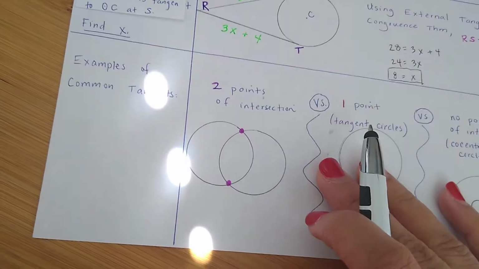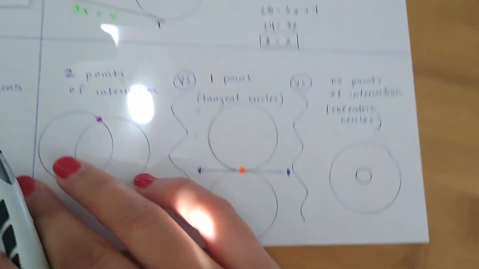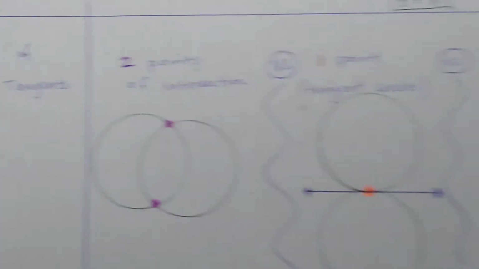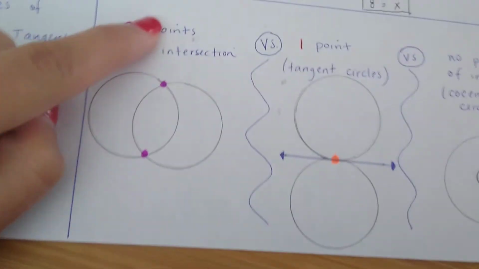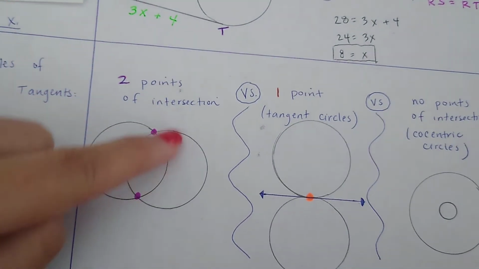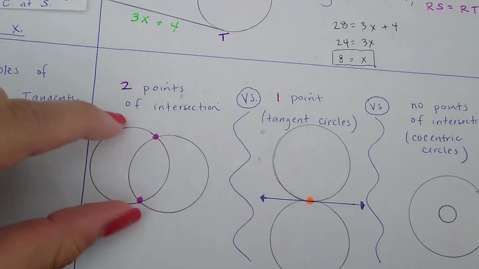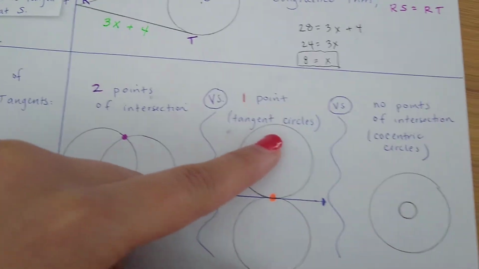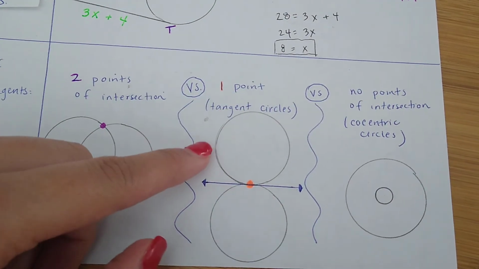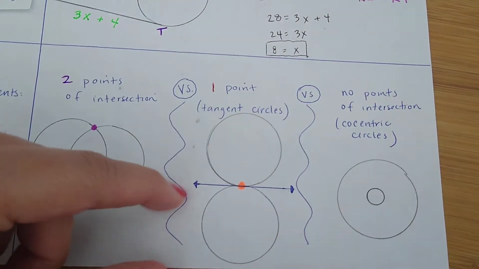Okay, so now these are some examples of common tendencies that I thought were pretty interesting to know. When we have 2 points of intersection, you have 2 circles that intersect at these 2 points. Versus when you have 1 point of intersection, this is an example of how they would look.